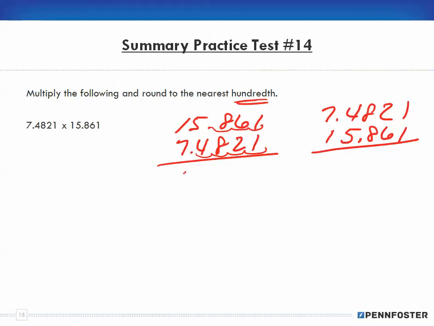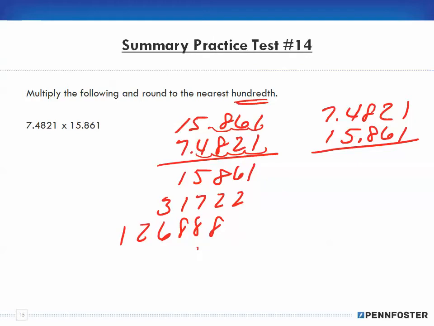So I'm multiplying by 1, so I have 15,861, right? 2 times 1 is 2, 2 times 6 is 12, 16, 17, it's 10, 11, that's 3. 8 times 1 is 8, 8 times 6 is 48, carry my 4, 64, 68, carry my 6, 46, carry my 4, that's 12.